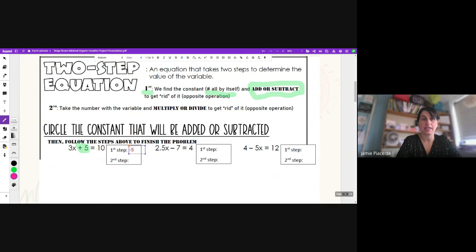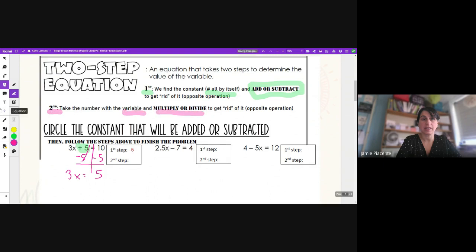So let's start like how we've been doing. Draw a line. Subtract 5. Subtract 5. 3x equals 10 minus 5 is 5. Okay, that's the first step. Step 2 is to take the number with the variable and either multiply or divide to get rid of it. So now this is just a regular one-step problem that we've been doing.